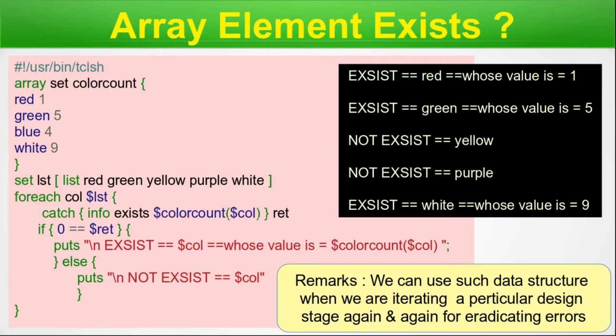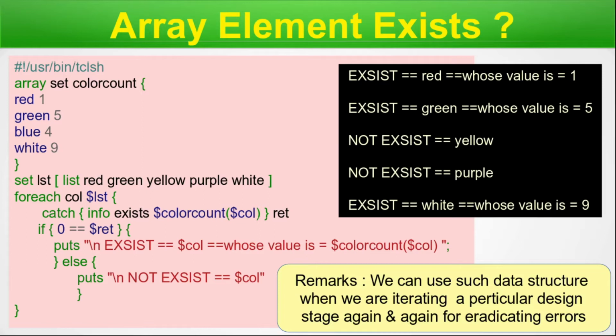So we are iterating, and every time we check the 10 nets defined in the list, and the values coming from other procedures are saved in the associative array. Every time we can check whether that exists. When this data structure is created, whichever net has achieved the goal gets excluded.